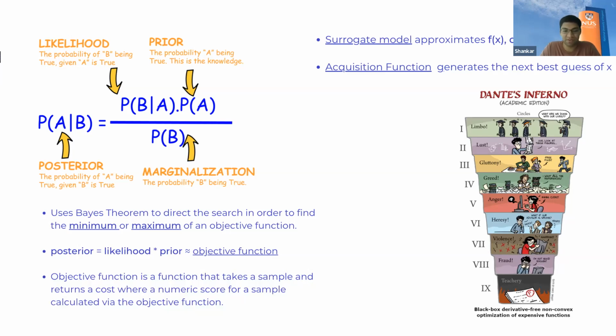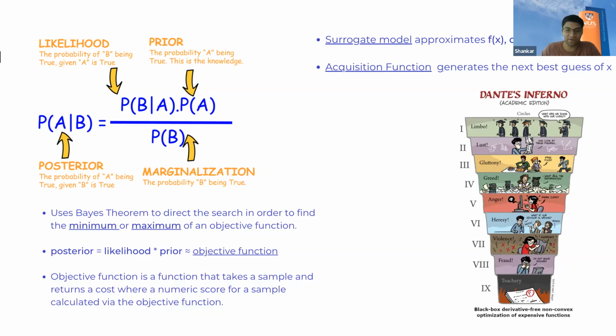A sample means one example or one vector from the domain, and a search space means the extent of the domain from which samples can be drawn. The objective function takes in a sample and returns a cost of that particular sample, and the cost is a numeric score for a sample calculated via the objective function.